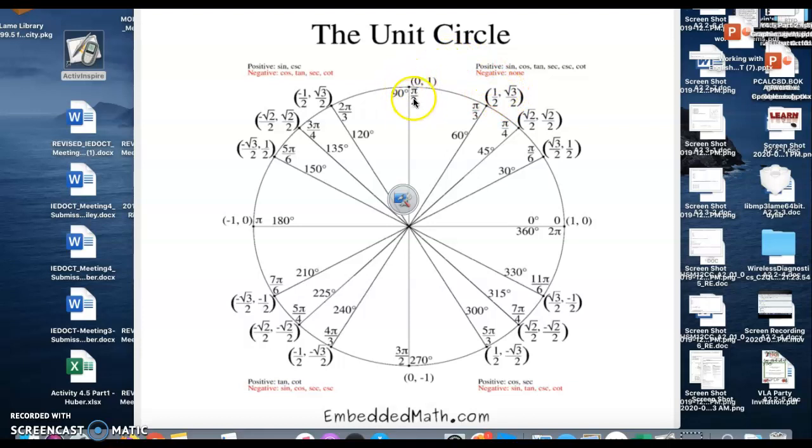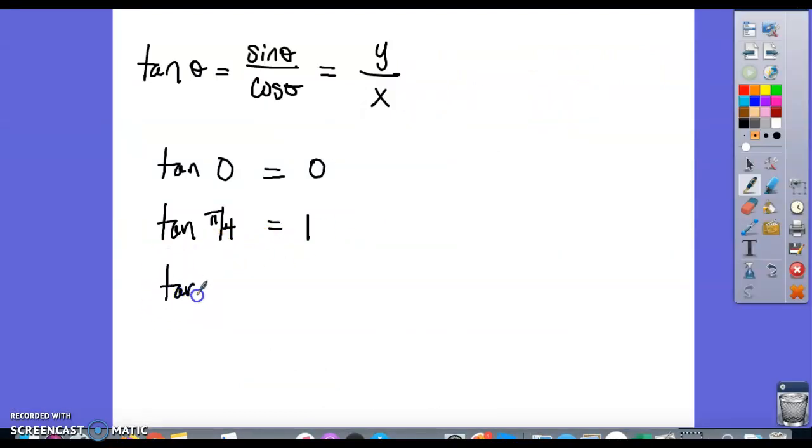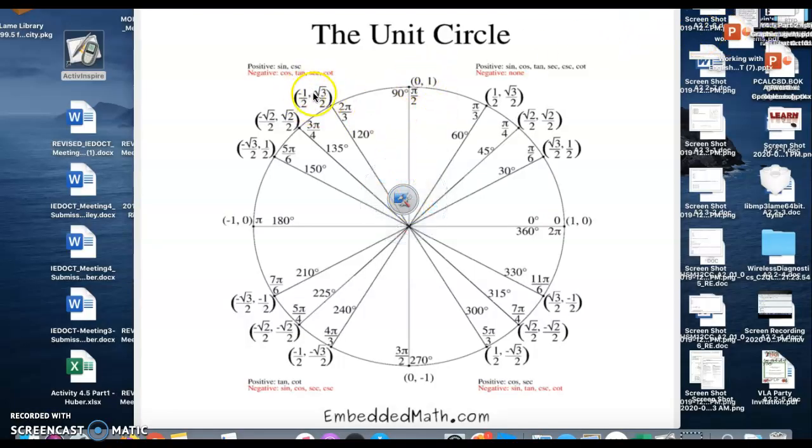The tangent of pi over 2 is 1 divided by 0. Anything divided by 0 is undefined. Same thing here, I don't want to divide these, but negative square root of 2 over 2 divided by square root of 2 over 2 is just going to be -1.